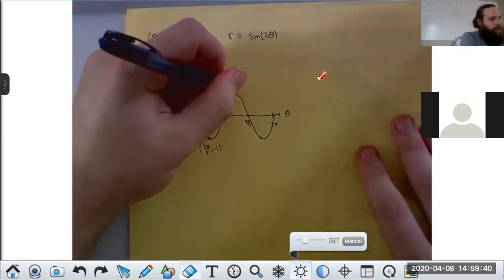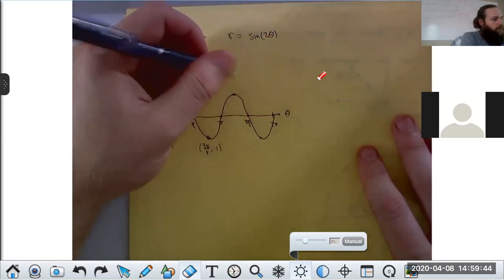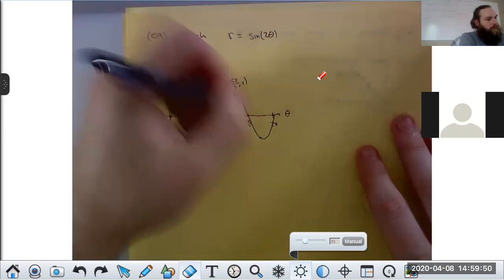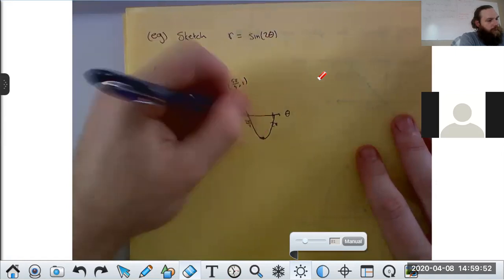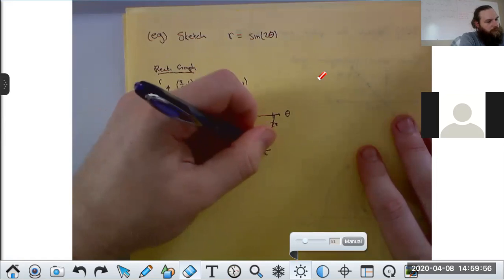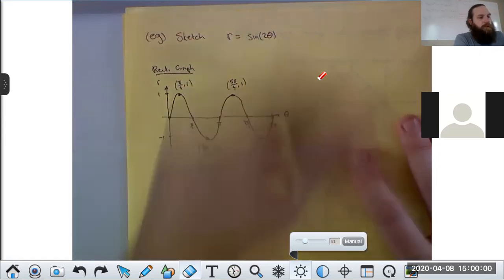This one is halfway between pi and 3 pi over 2, which is 5 pi over 4, comma 1. And this one, halfway between 3 pi over 2 and 2 pi, is 7 pi over 4, comma negative 1. And so I could think of this as a table of values.